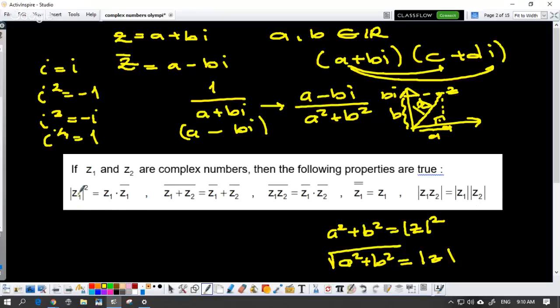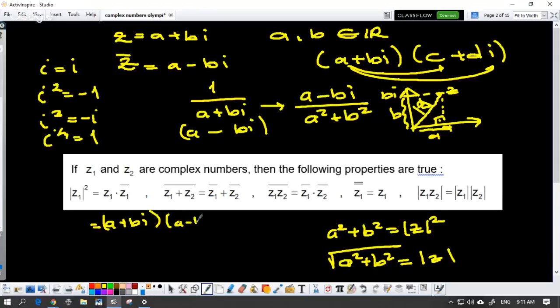Here is another property: if z1 and z2 are complex numbers, z1 modulus square is equal to z1 times z1 conjugate. And if you remember, this is a plus bi, and I told you that the conjugate is a minus bi.